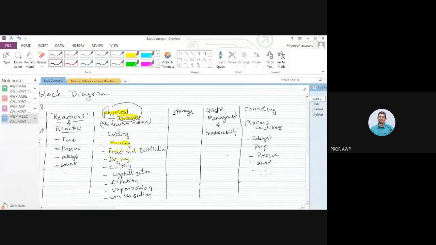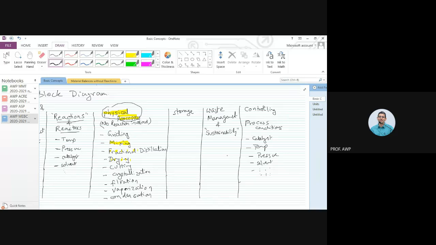Which means, suppose I want to form sodium silicate at 1500 degrees centigrade. I will not allow temperature to rise beyond 1500 degrees centigrade. I will not allow temperature to fall below 1500 degrees centigrade. If I want to make fractional distillation of air to make nitrogen, I will not allow temperature to fall below what is required, maybe 77 Kelvin, 100 Kelvin, whatever temperature is required.